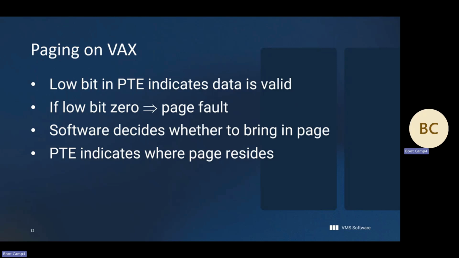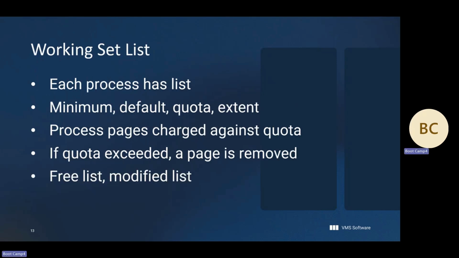There was the working set list, which has more SYSGEN parameters than you can shake a stick at. It's a per-process thing. And the idea is, let's remember, while from the point of view of a PDP-11, VAX had lots of memory, from our point of view today, it was itsy bitsy. There was a minimum, a default, a quota, and an extent, and that's still true today.